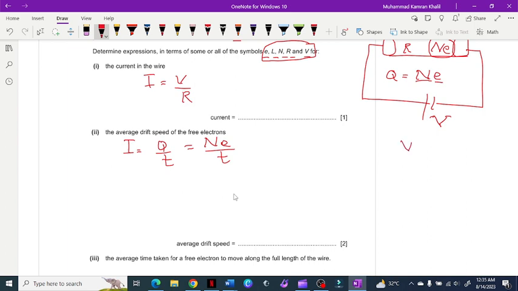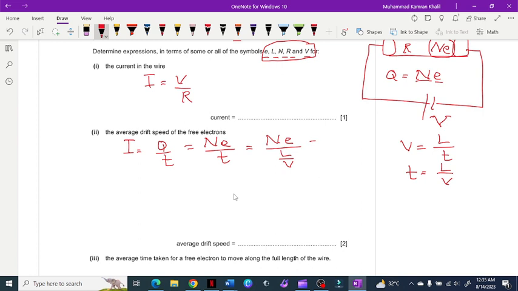Now speed is equal to distance, which is L in this case, over time. Because we do not use the symbol t, we have to use only the symbols e, L, N, R and V. So instead of t, we will use L over v, giving N e upon L over v.